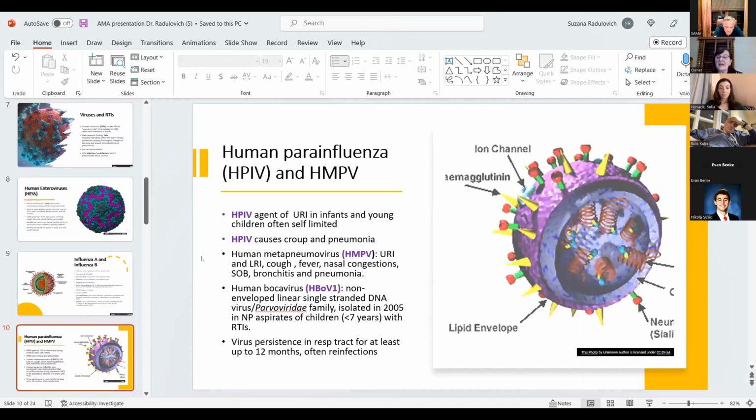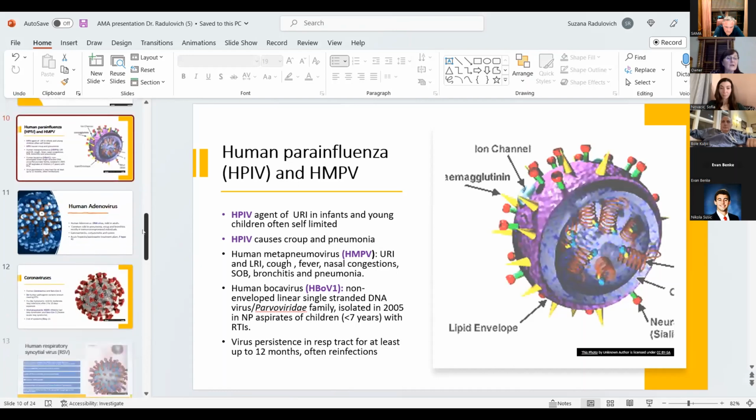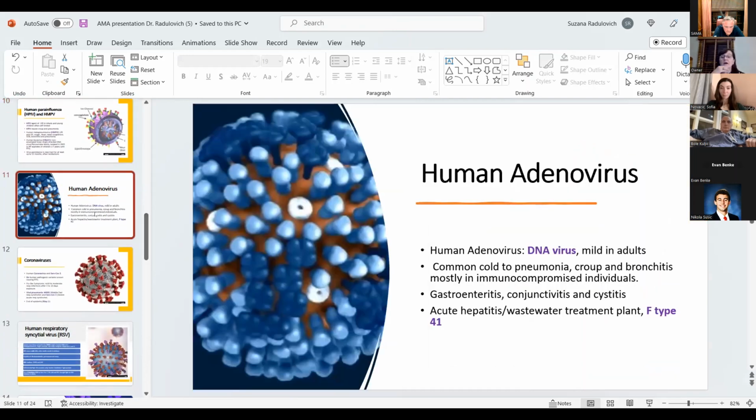What is interesting is that this virus can persist in the respiratory tract for up to 12 months, so we often see reinfection. Now, human adenovirus usually causes mild respiratory disease in the adult population. It can cause pneumonia.